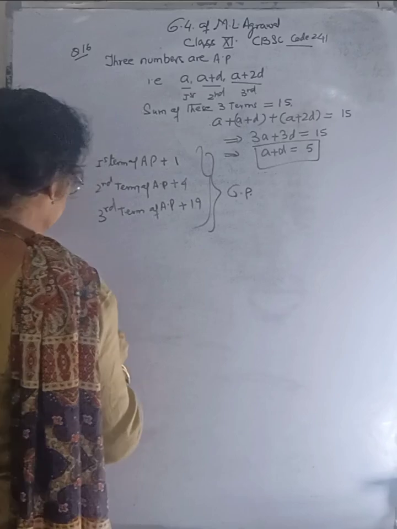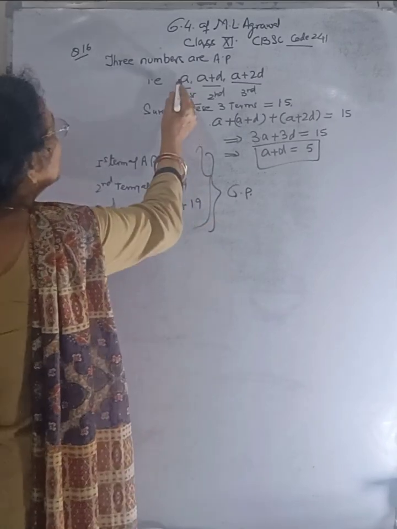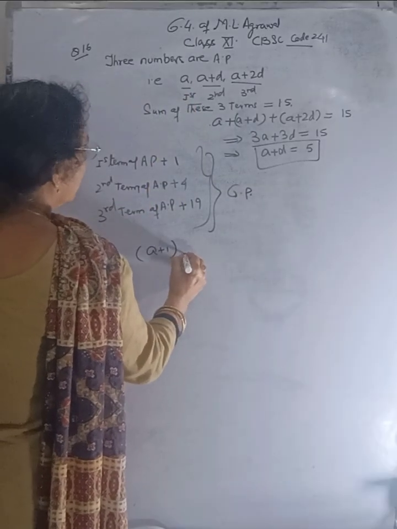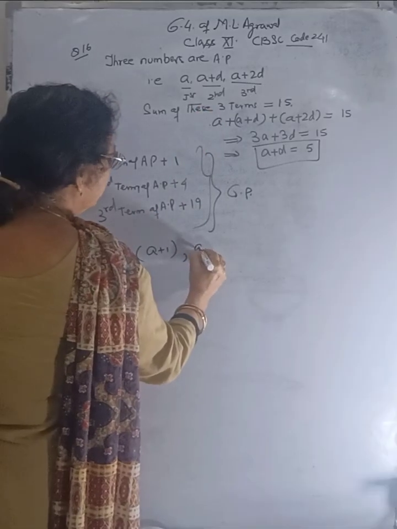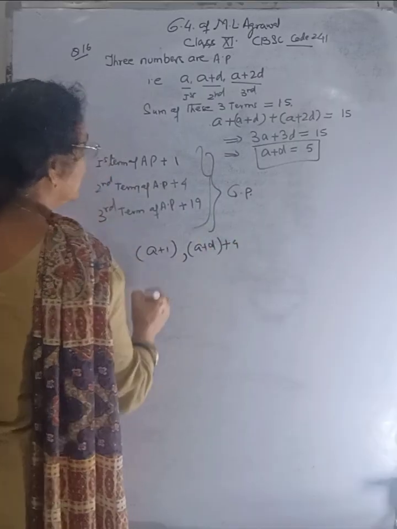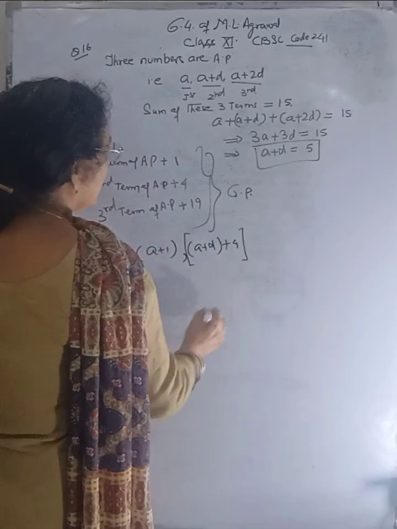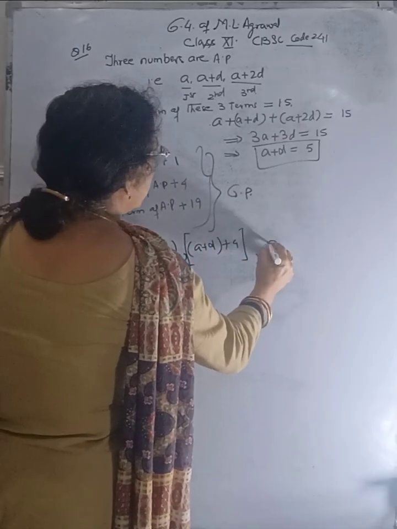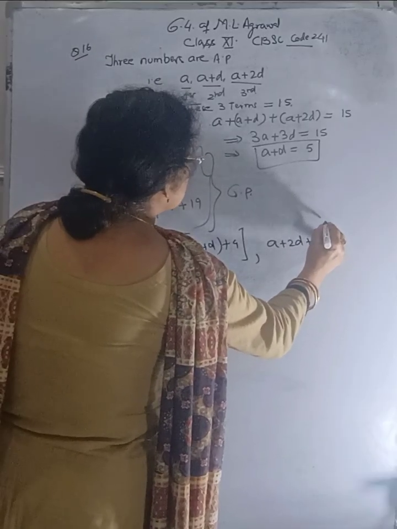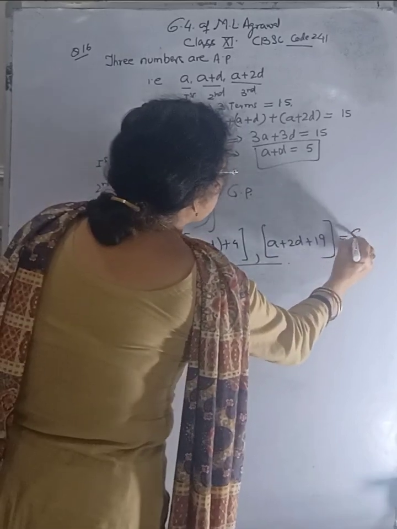It means that A plus 1, A plus D plus 4, and A plus 2D plus 19 are these three terms in GP.